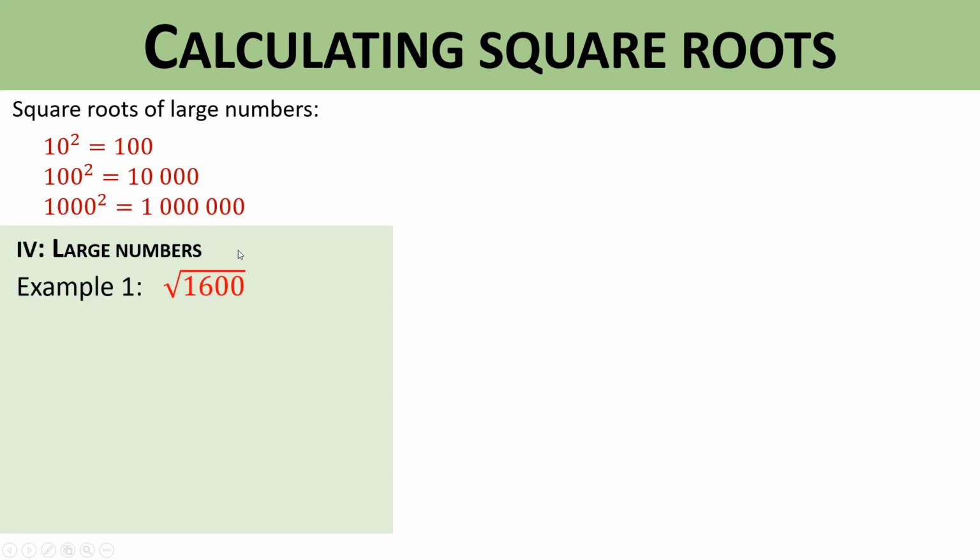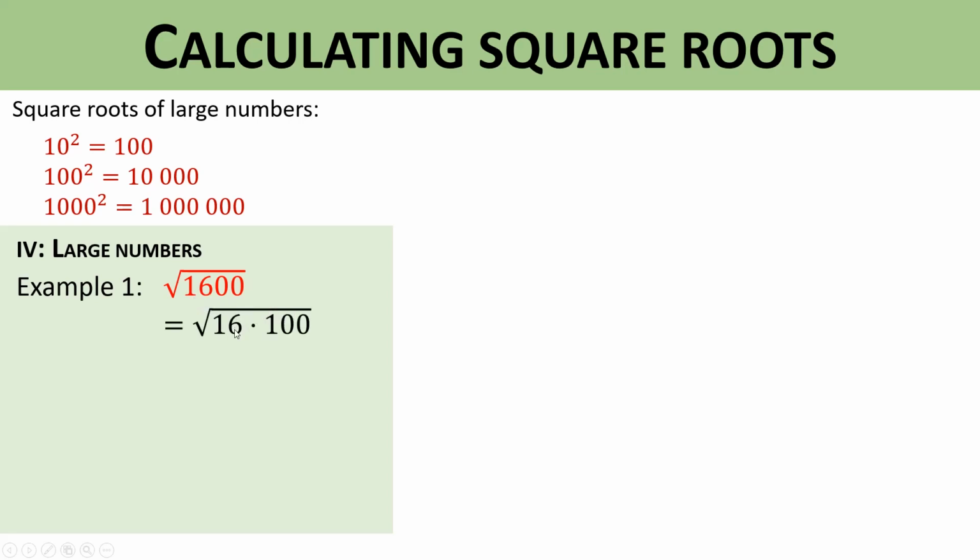And that means that if I take the square root of a large number that I maybe don't see immediately, what I can do is I can split that number into two factors. So I can say instead, rather than the square root of 1600, I recognize that there is a 16 here, and the 16 has been multiplied by 100.